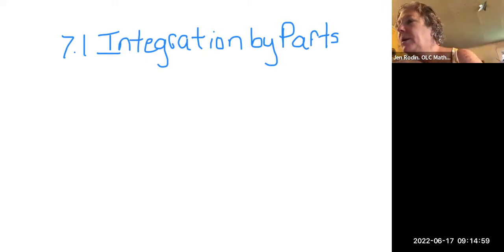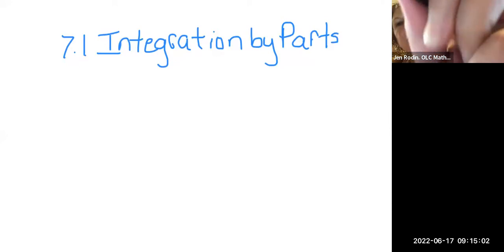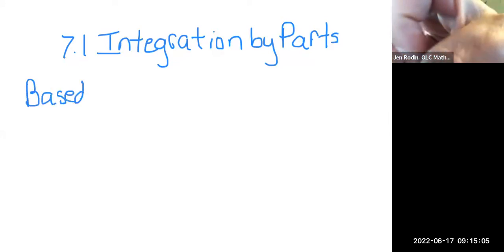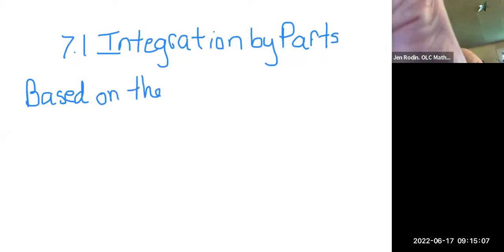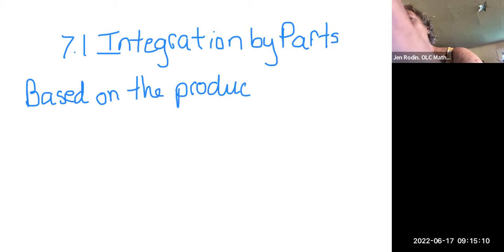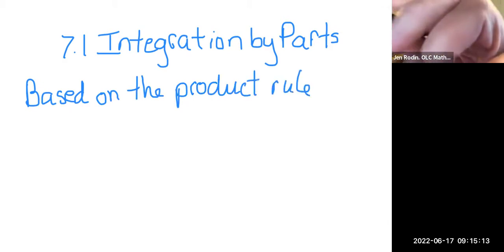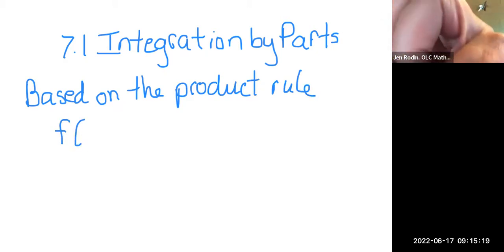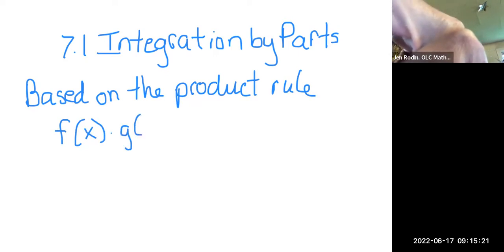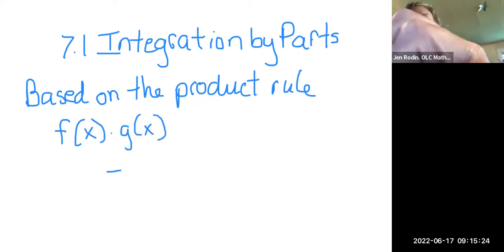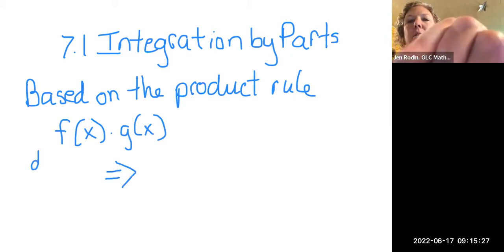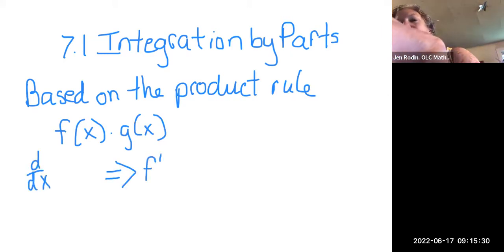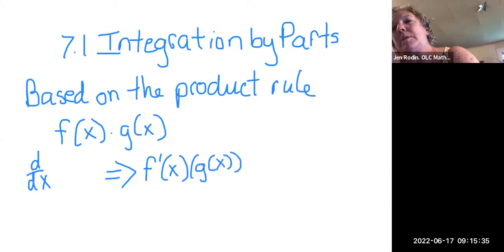So integration by parts is based on the product rule. Which is, if you have f of x times g of x, then the derivative is the derivative of the first times the second plus the first times the derivative of the second.